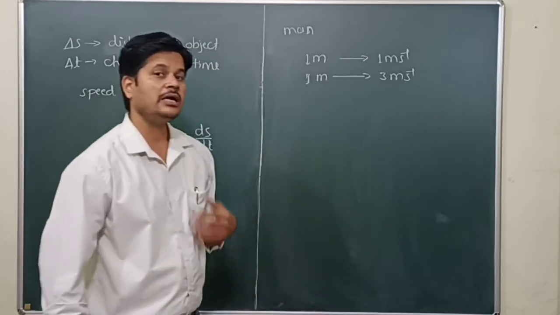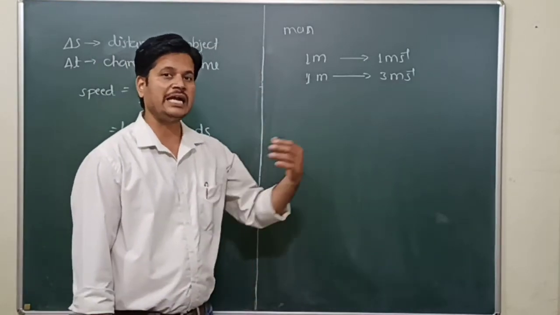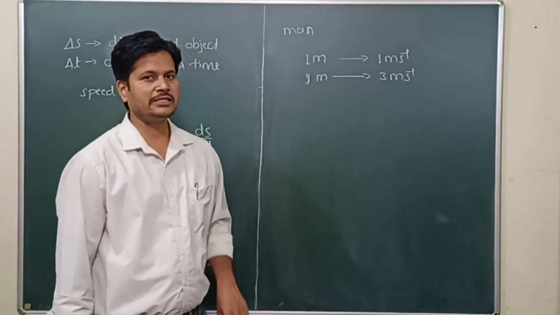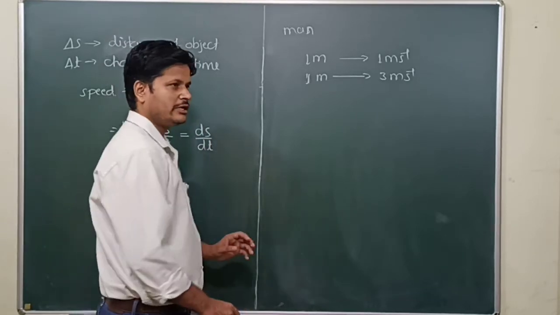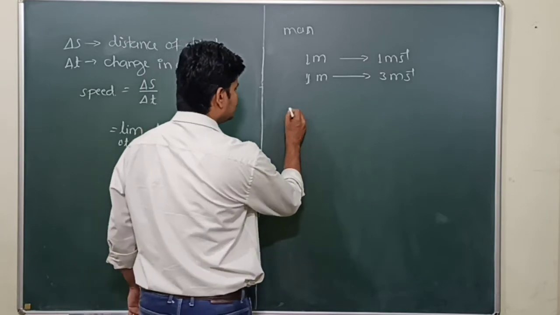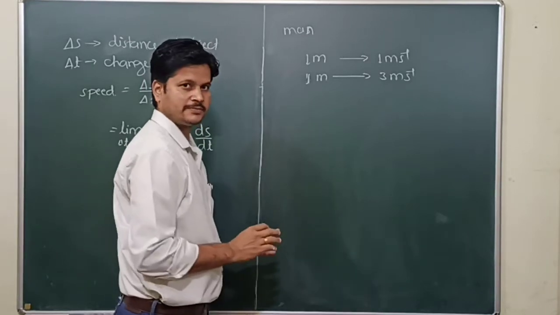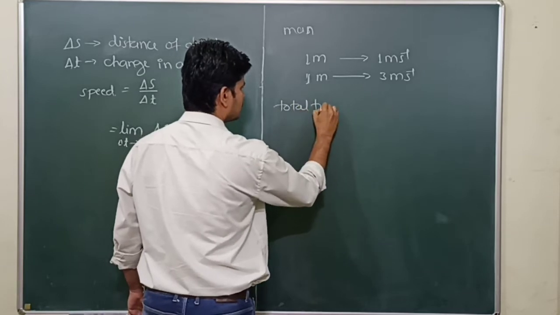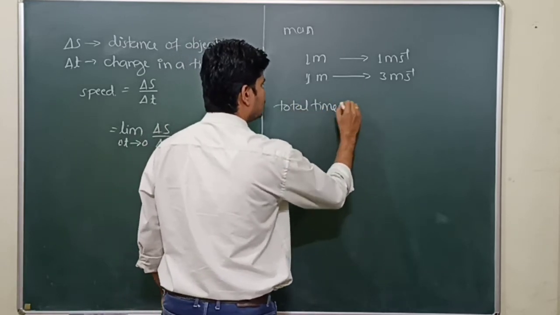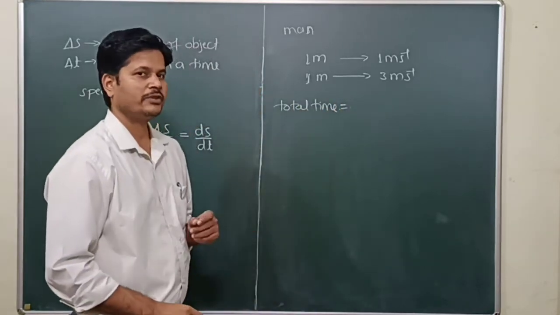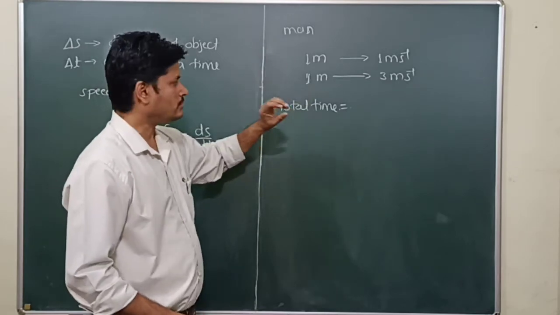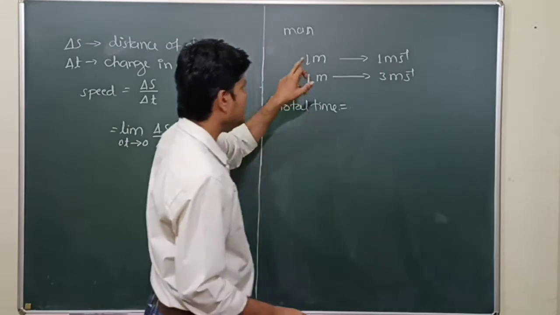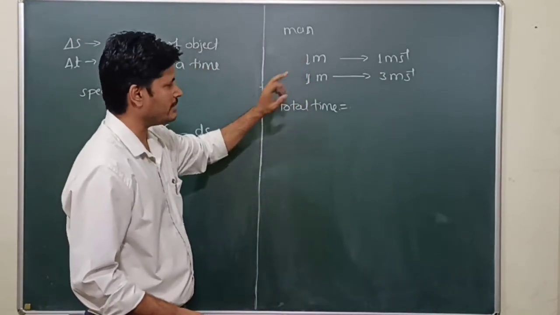Then what is the average speed of that man? For that we know the basic formula. First we require the total time, right? The total time taken by the man to walk with this speed and this speed: first 1 minute and next 1 minute, right?